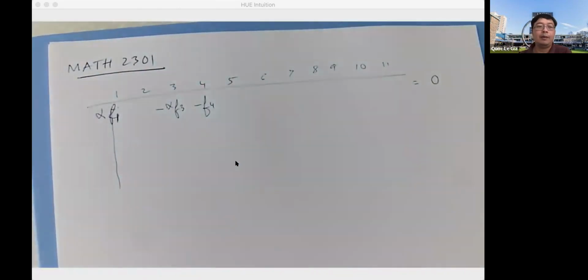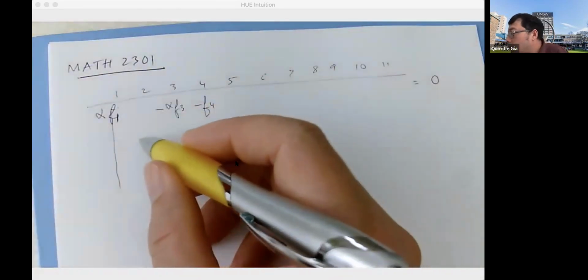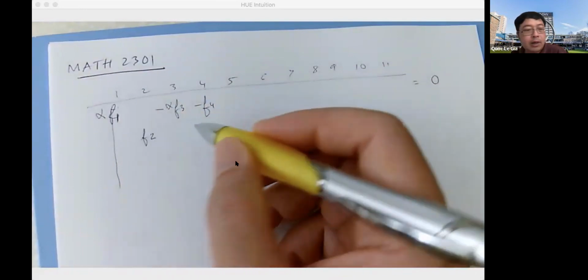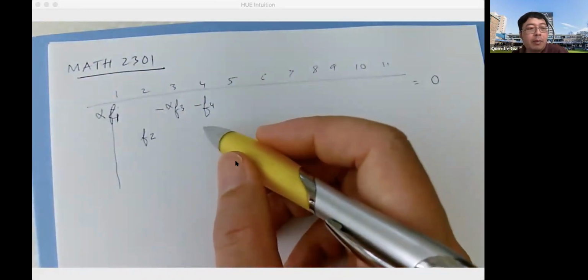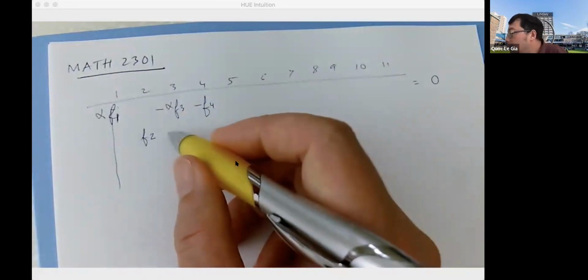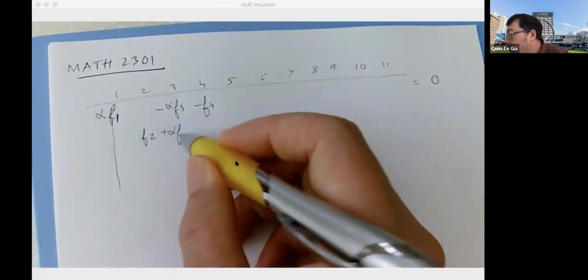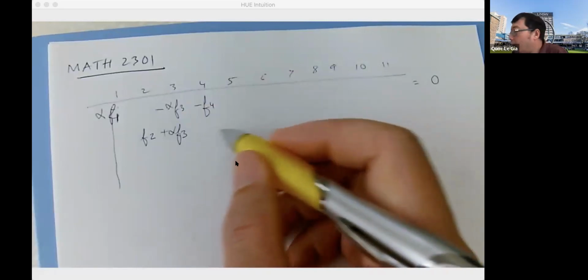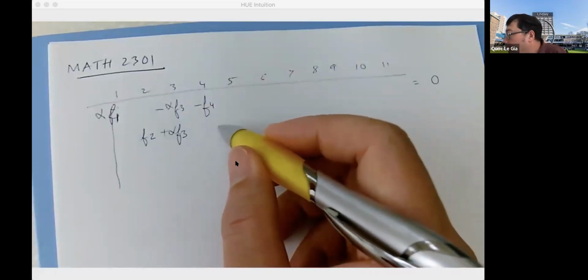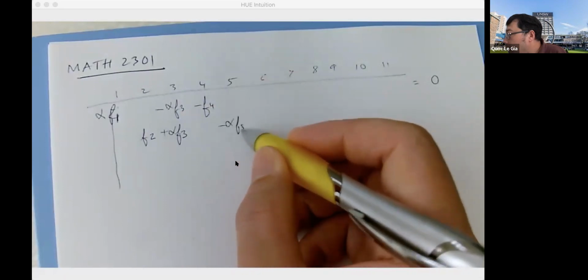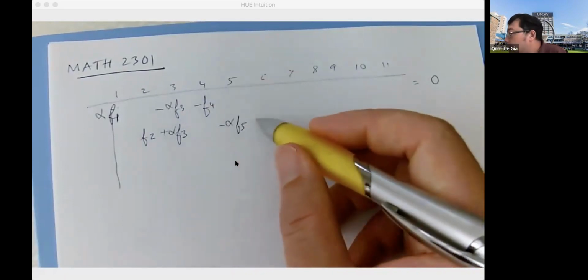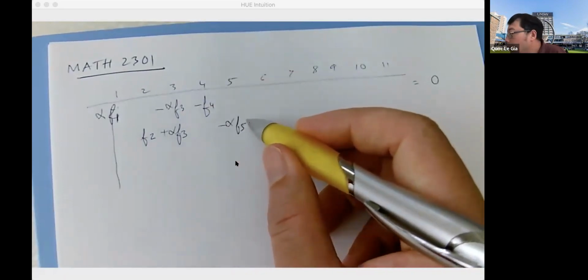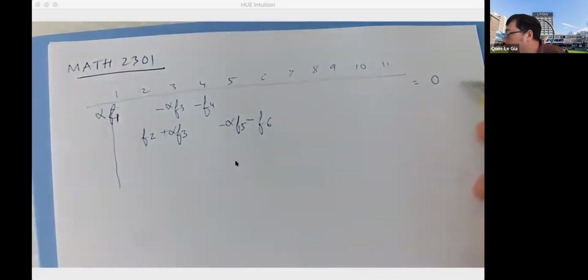Then the next equation will be F2, plus alpha F3, minus alpha F5, minus F6, equals 0.